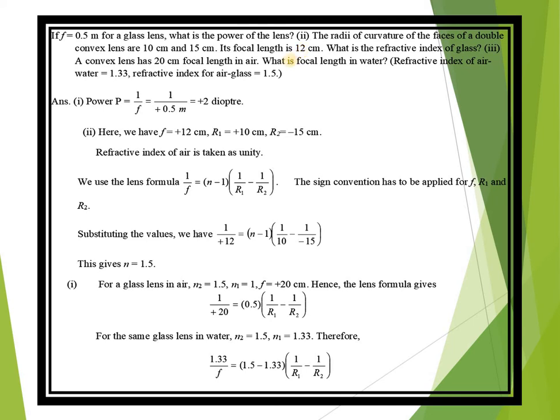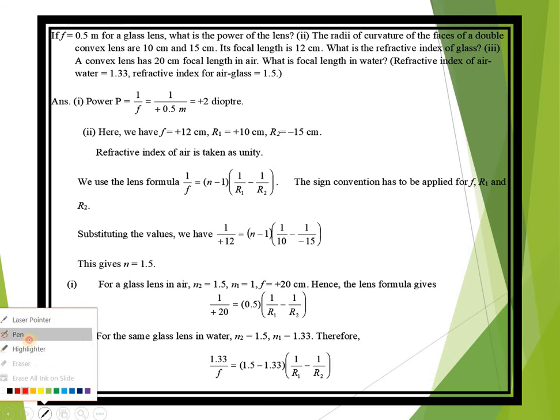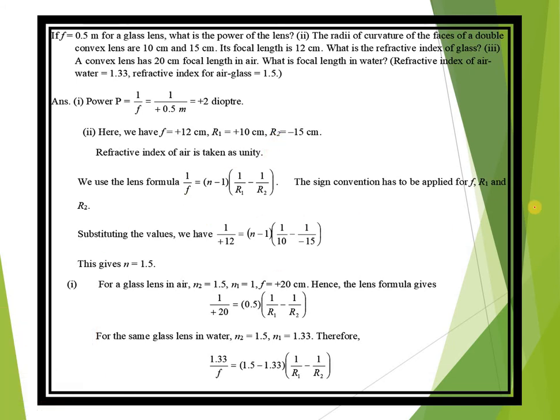So it's simple. Then we can apply the lens-maker formula: 1 upon f equals mu minus 1, or n minus 1, times 1 upon r1 minus 1 upon r2. See, this is a convex lens. It is given as a double convex lens, so I draw a convex lens for you.